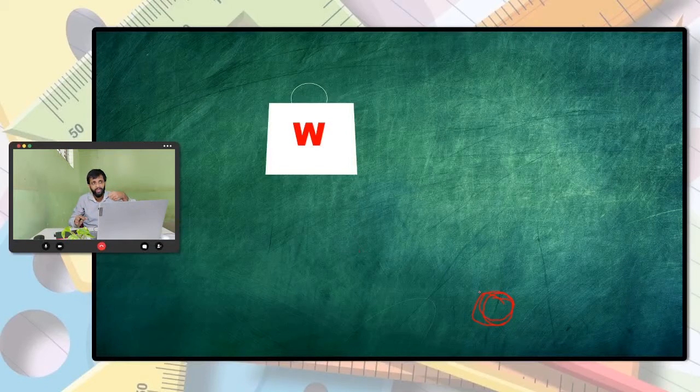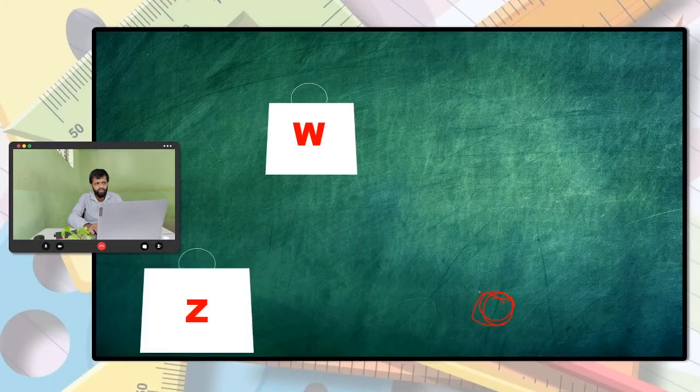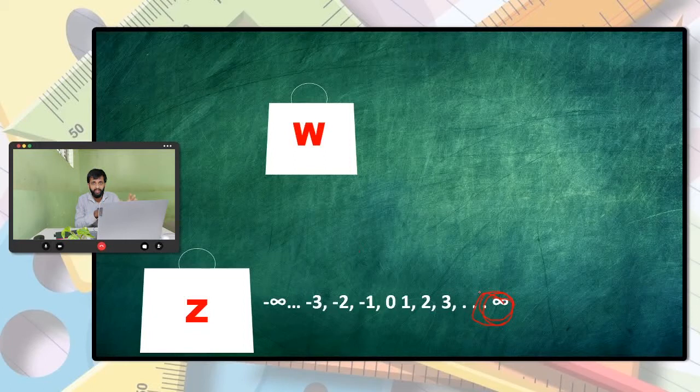And then he took one step further and found another bag with more numbers, starting from infinity in the negative direction. The bag is named Z, and it goes over all the negative numbers, plus he found 0, plus all the natural numbers.